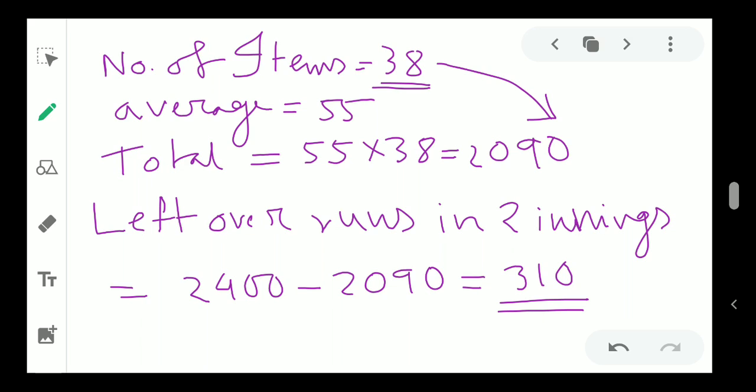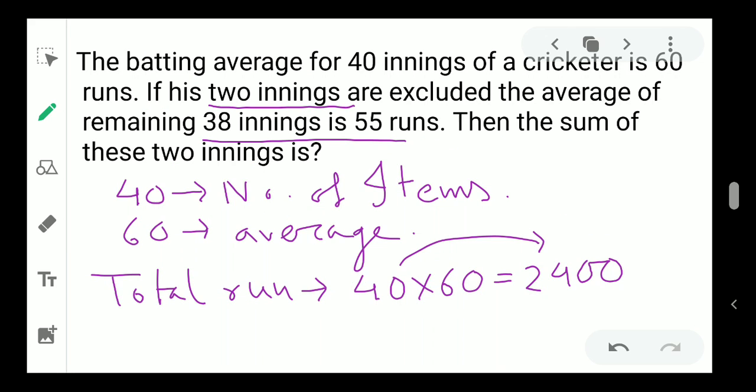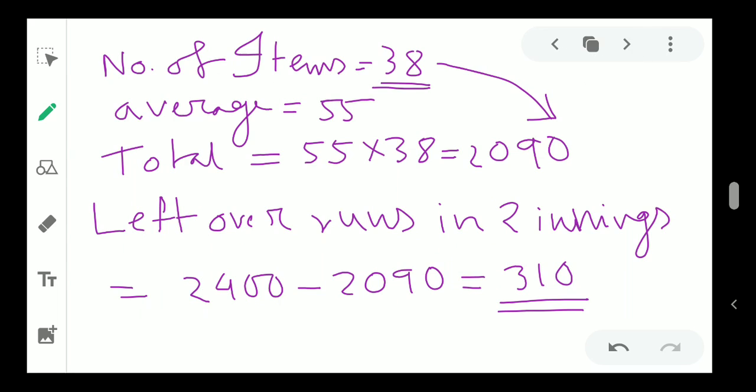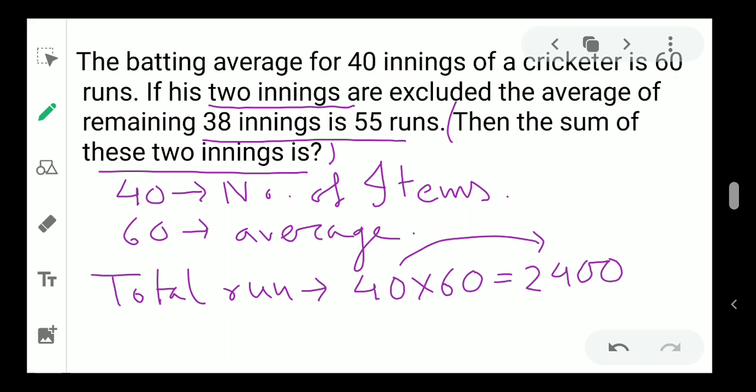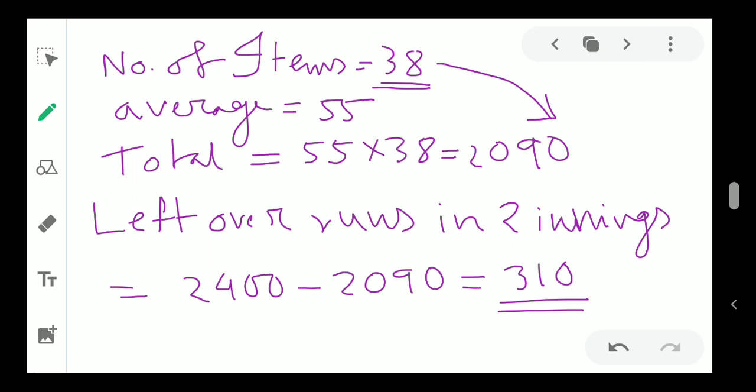So he has scored 310 runs in those 2 innings. So the sum of the 2 innings is 310 runs. So this is how you have to do these things. Whenever it is with cricket and runs, sometimes it can come with numbers, sometimes it can come in your exam like marks. Okay, fine.